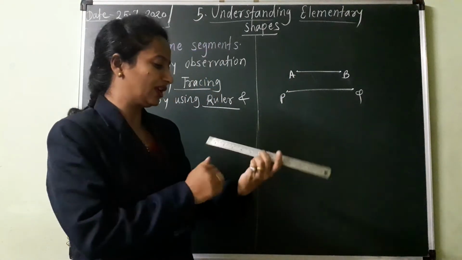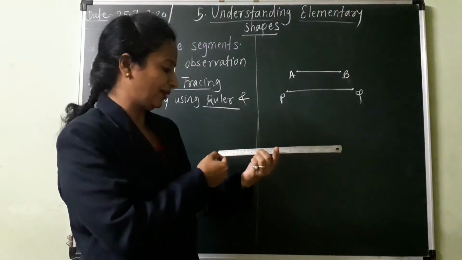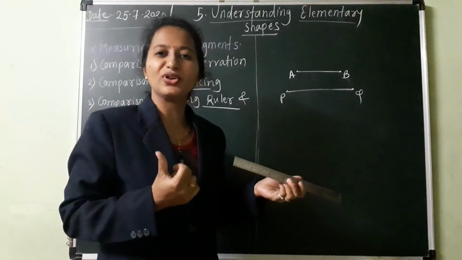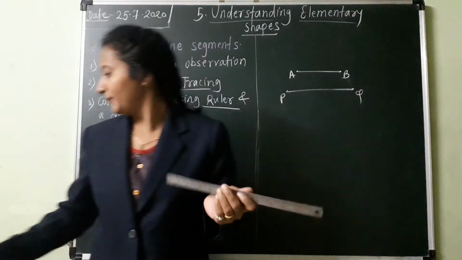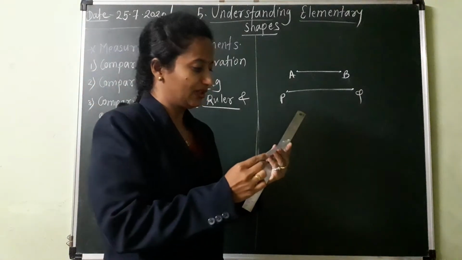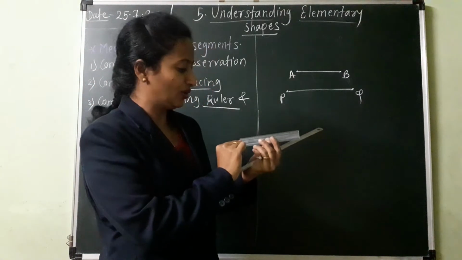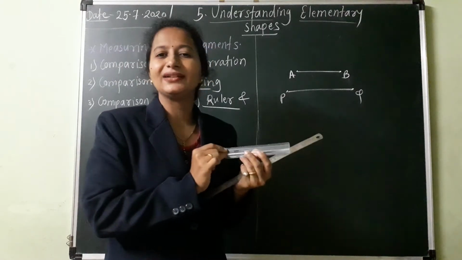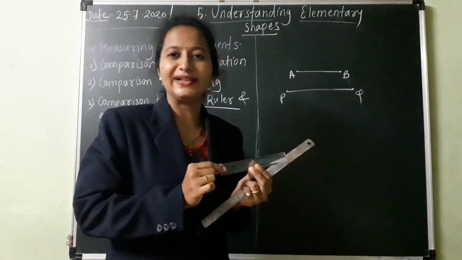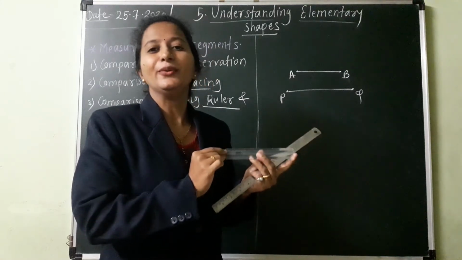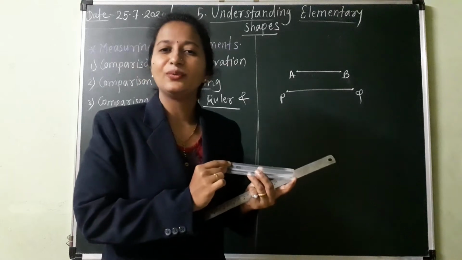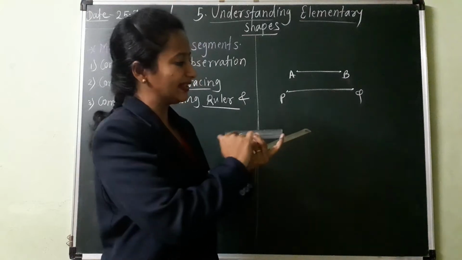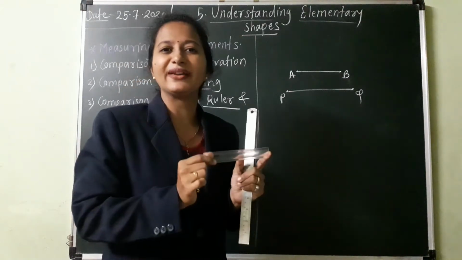On one side of the scale in your compass box there is a marking from 0 to 15, and between 0 and 1 it is divided into 10 lines. That means one line indicates 1 millimeter, and 1 centimeter is equal to 10 mm, millimeters.